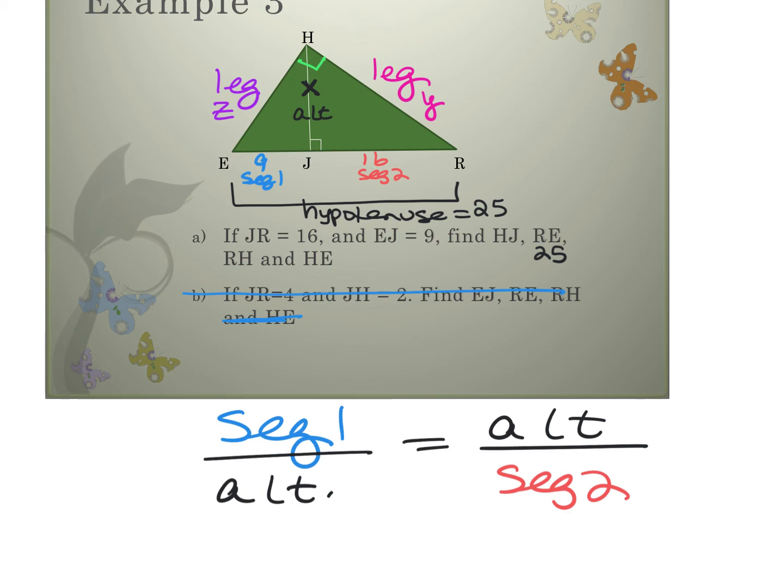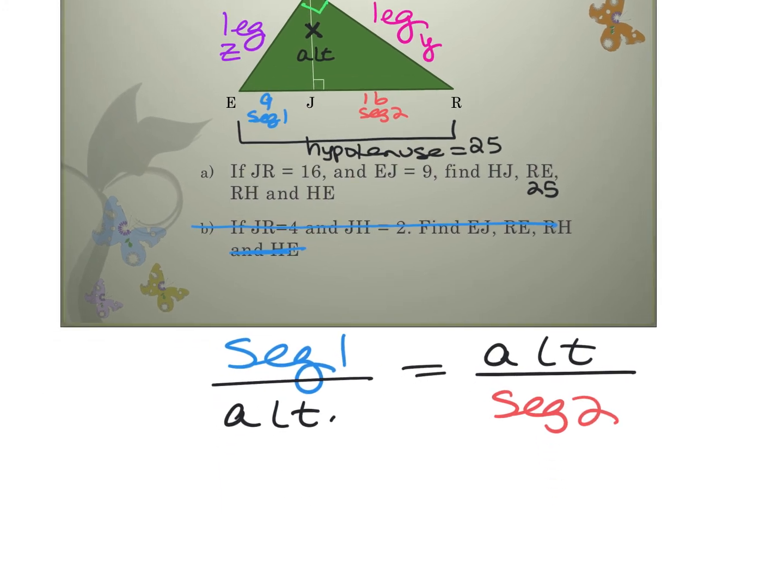And now I'm going to put in those two numbers that I have. Again, it's the geometric mean altitude theorem. So I'm going to put 9 over x and x over 16.